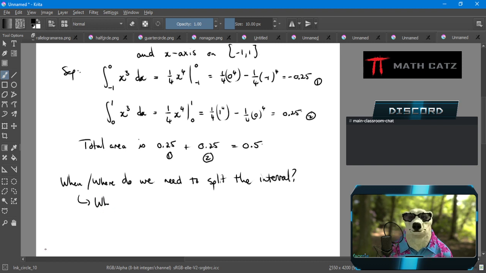Or let's say here at an x-intercept inside the given interval. So that's always going to happen.